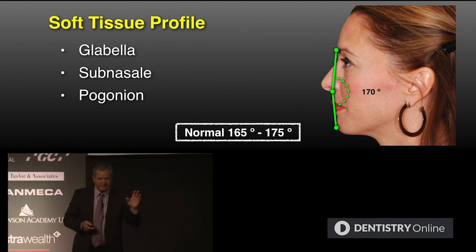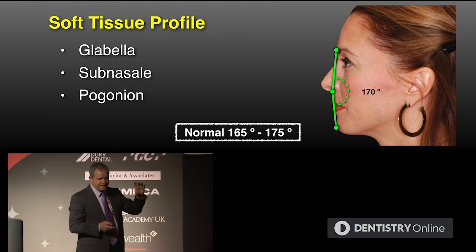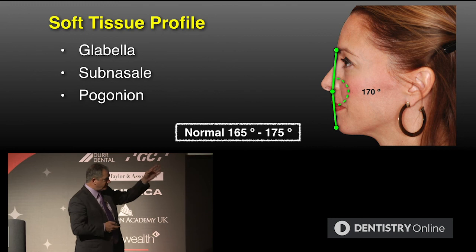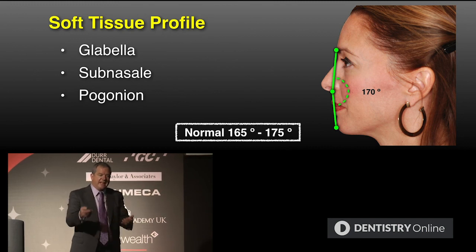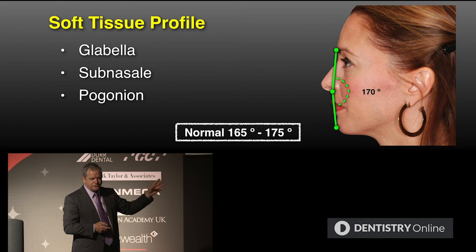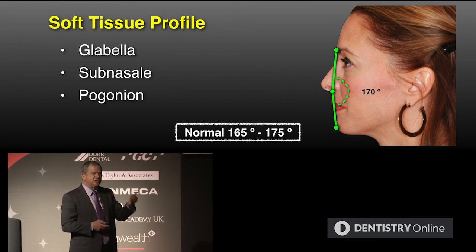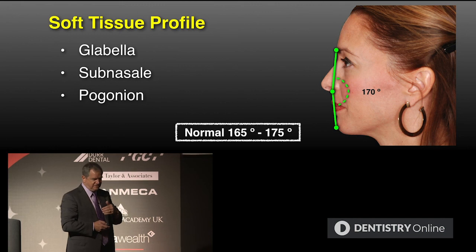Hers is 170. If your patient has normal vertical facial development and normal profile, but they have anterior relationships like deep overbite or end-to-end occlusions, you will almost never find a case that you would do jaw surgery to fix if their face is normal, which means your correction will be a dental correction. Okay?